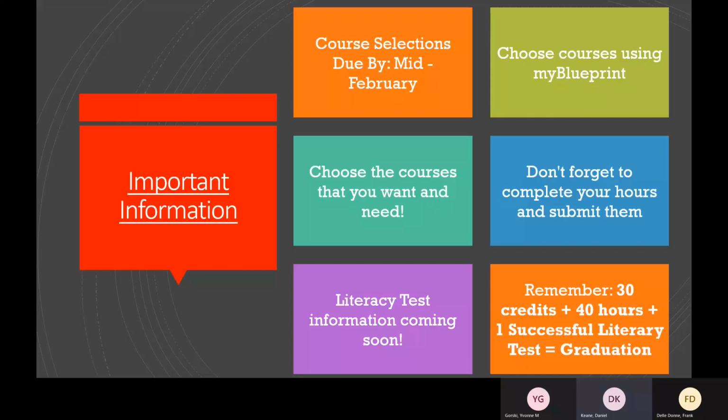Remember, the three things that you need to graduate are your 30 credits, your 40 hours of community service, and one successful literacy test. So please be sure to keep those in mind, get those hours in, and pay attention for information about the literacy test coming up.